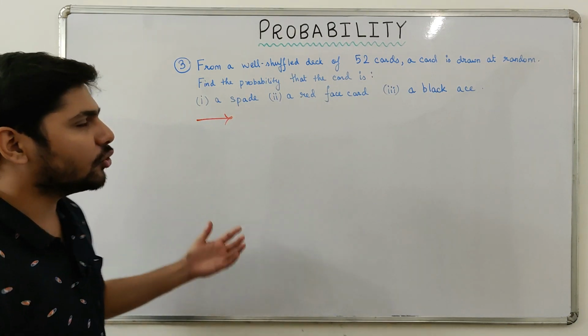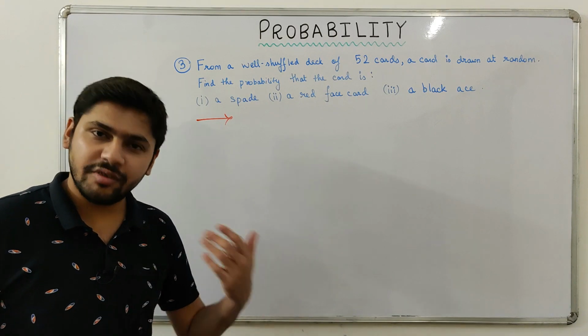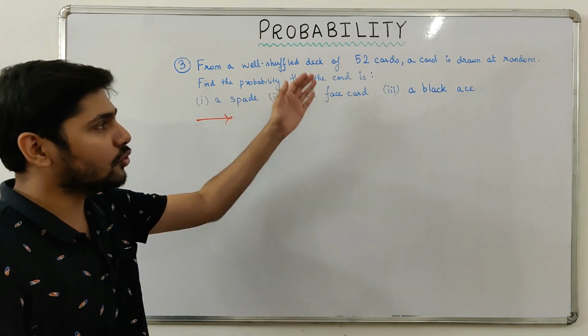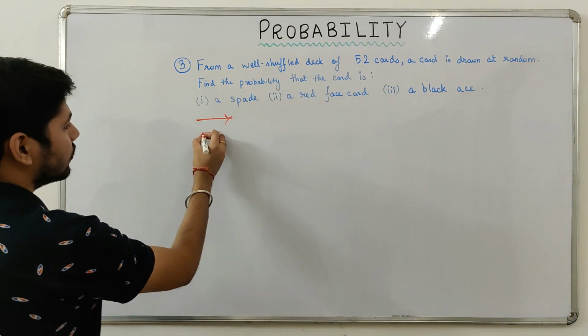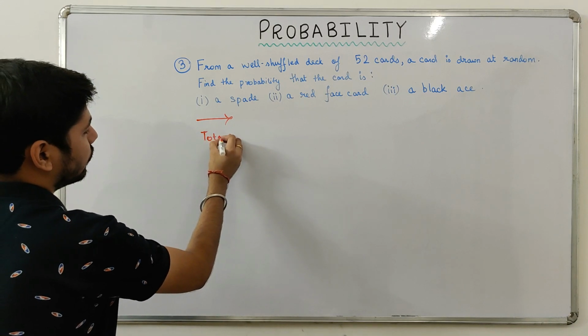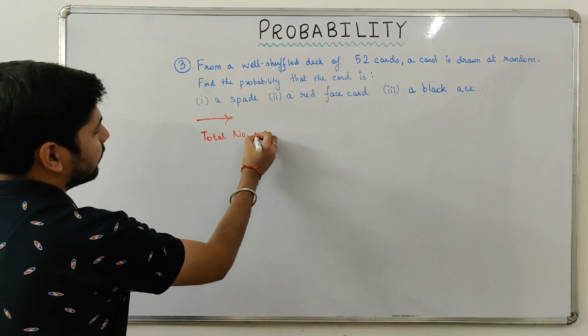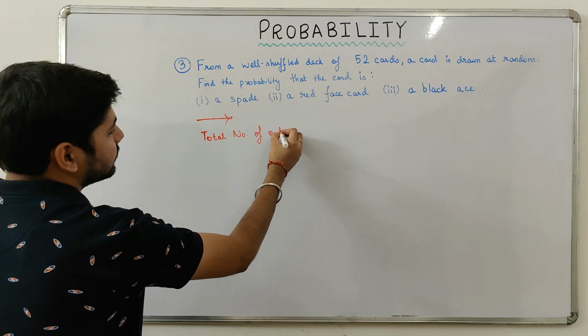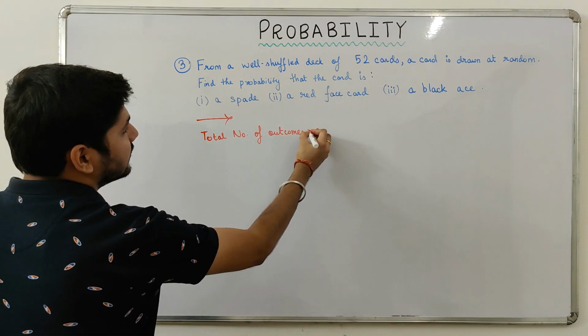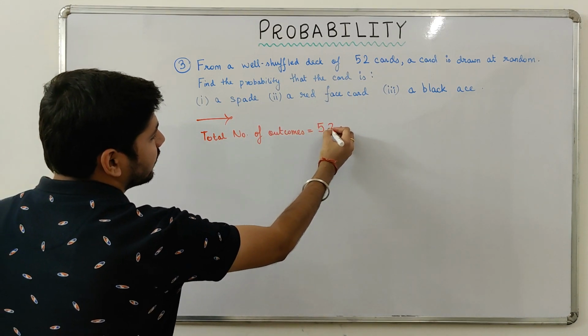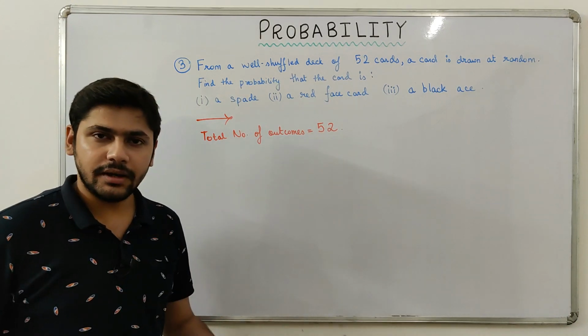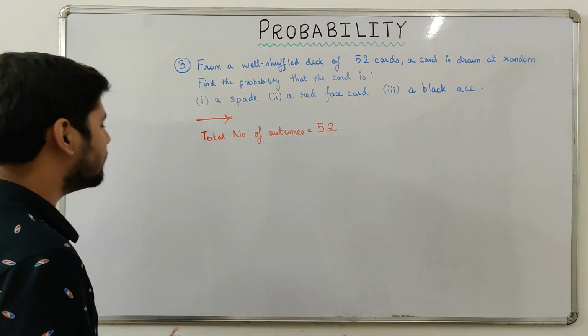Over here, the total number of outcomes will be equal to 52 because we have 52 cards. Simple.